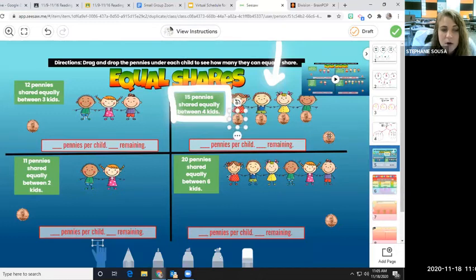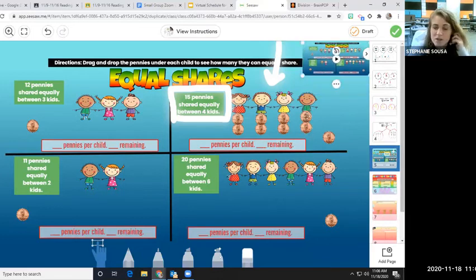Now we're going to keep going until we get to 15. So 4, 5, 6, 7, 8. I'm out of room, so I'm going to add them above their heads too.